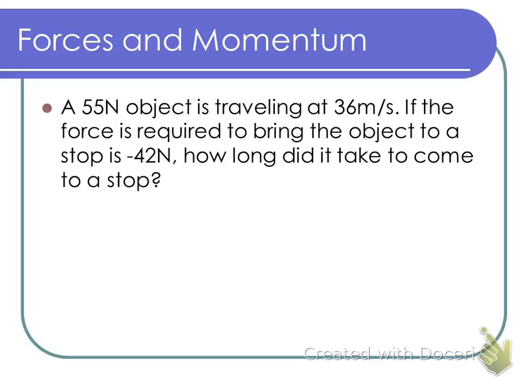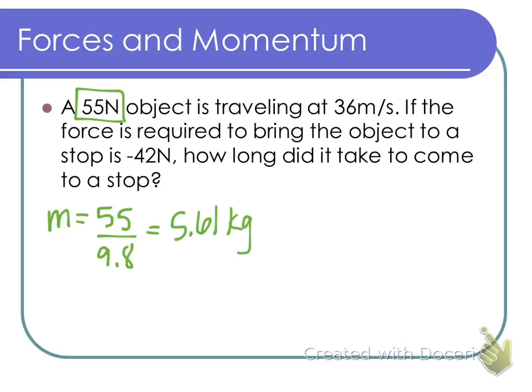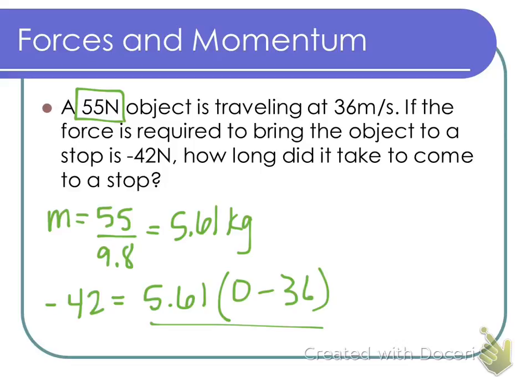What did we need to do with that 55 newtons? Did we recognize that? Yeah, it's weight, so divide by 9.8. Okay, good. So to get our mass, we took 55 divided by 9.8, and we got about 5.61 kilograms. So to find our time, we would have plugged in force equals mass times the change in velocity over t.